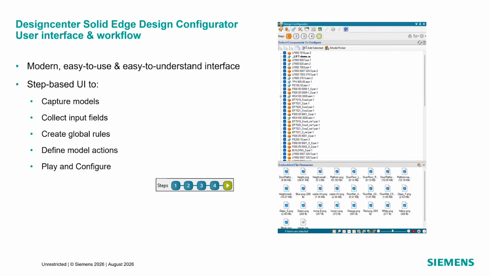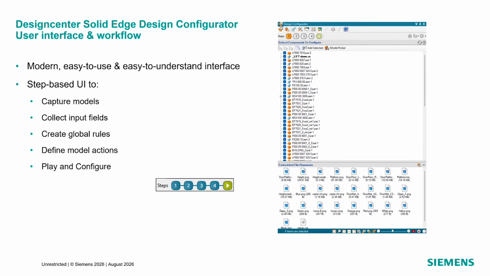So the interface of the Designcenter Solid Edge Design Configurator really organizes the configuration into clear, repeatable sequences, very easy to understand and easy to use. We have 5 stages. The 5 stages are capturing the models that are needed in the configuration process, collecting input fields that establish the choices and the values a user will provide for the configurator to pick from.